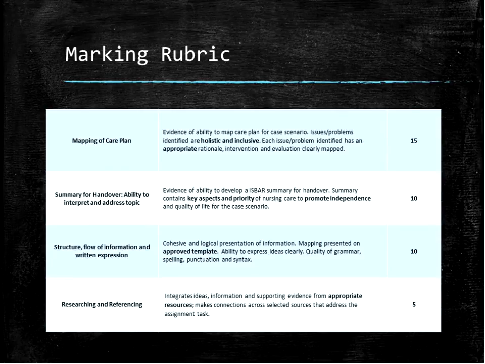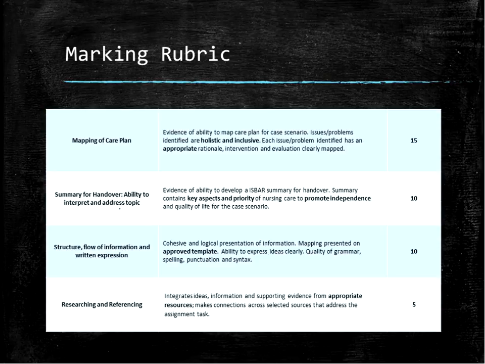Being specific. Not this, just this one. Okay. The summary of your handover, making sure that it has the key aspects that are clearly set out and prioritized, and these priorities act specifically to promote Tom's independence.